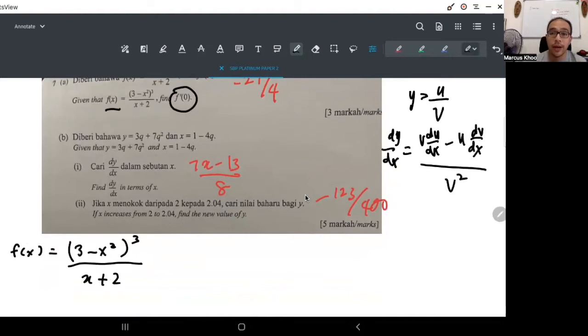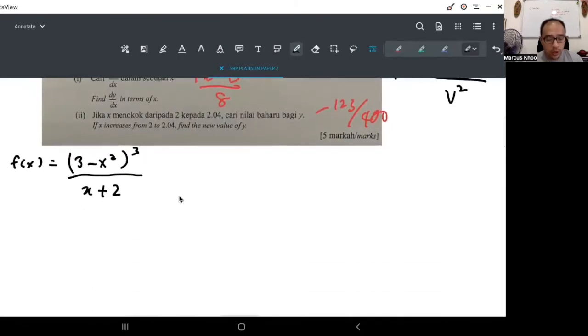I don't think there's a formula for this. You're supposed to know this one. So how do we do this? We split them up. Let's say this is u, this is v. So u equals (3 minus x squared) to the power of 3 and v equals x plus 2.